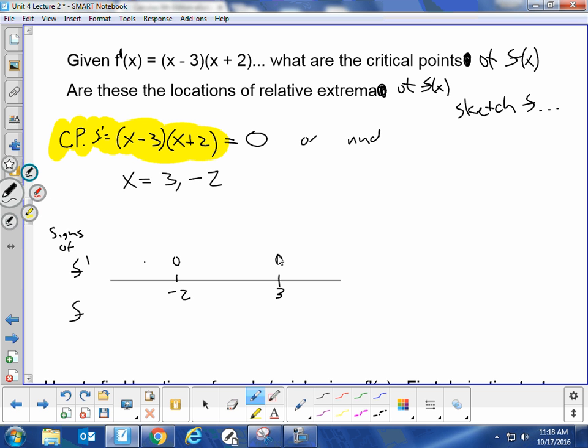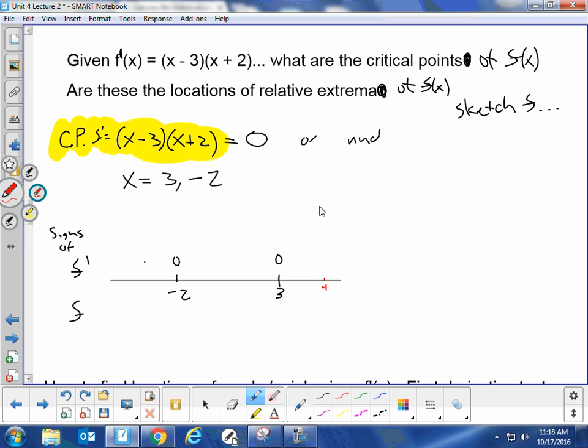It's really good just to take easy values and plug them in here. Don't care about the numbers, just care about whether they're positive or negative. What I like to do is pick 4. Sometimes I'll write it down there, sometimes I won't. But just so that we know, I'm picking 4.